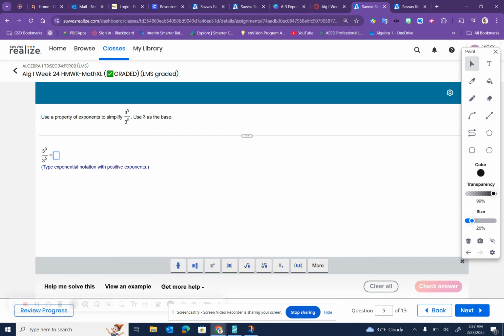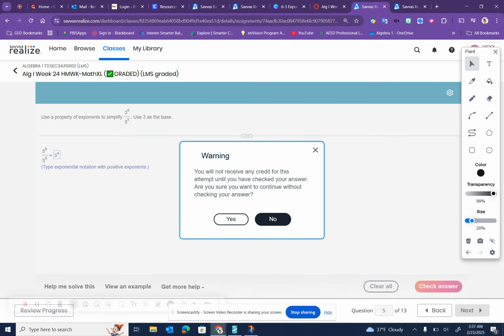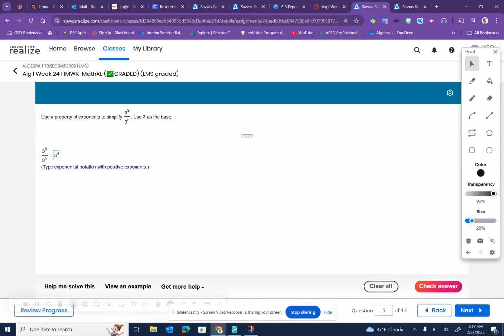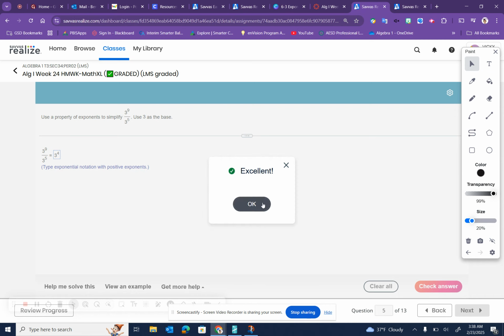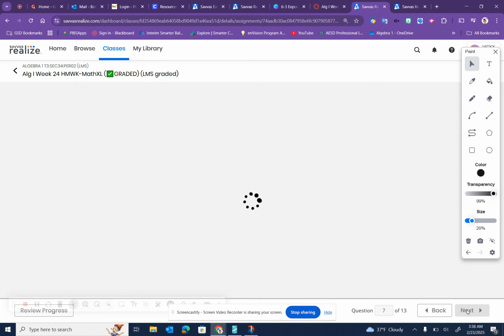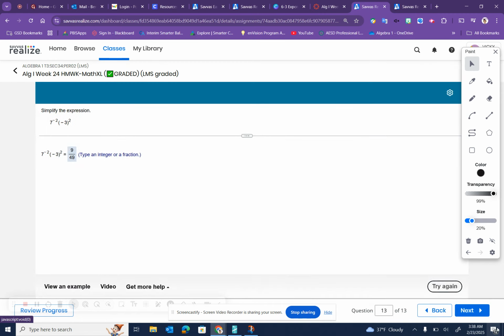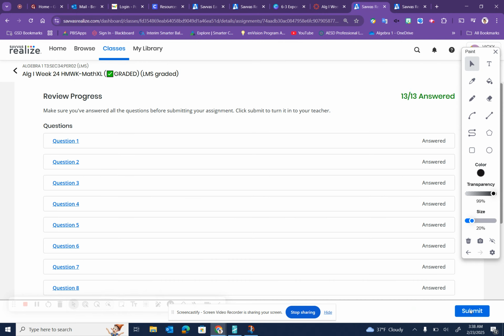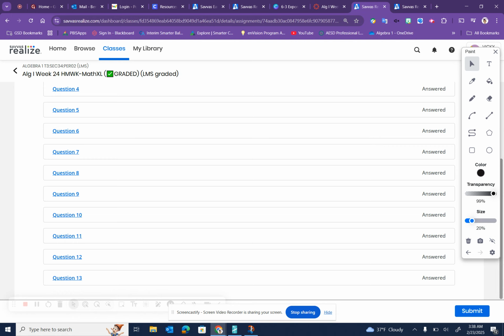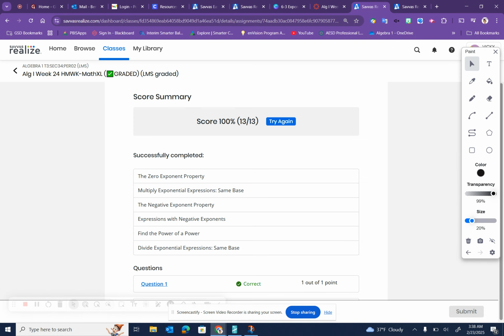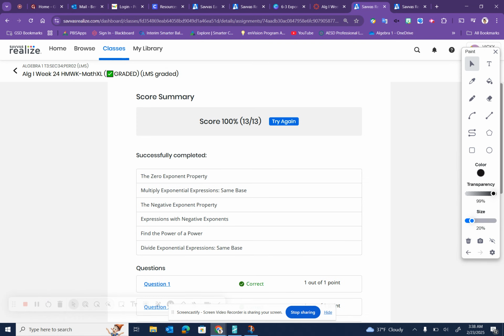So this one is a base 3. 9 minus 5 is 4. It gives me a warning because I didn't do the check answer. I can also skip all the way to the end. Now I can go ahead and hit submit, because then that'll show me your final grade.